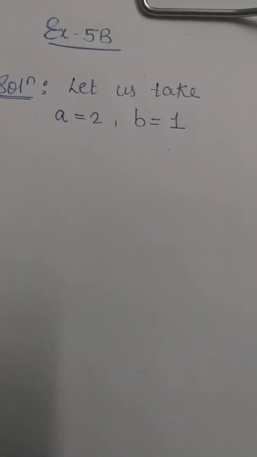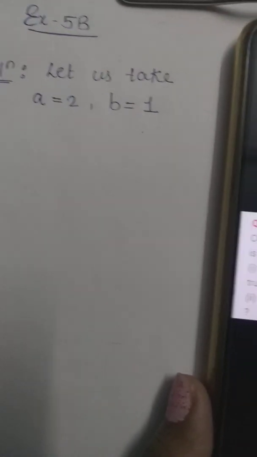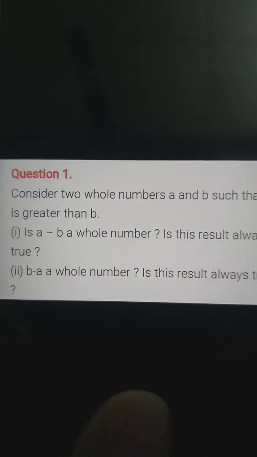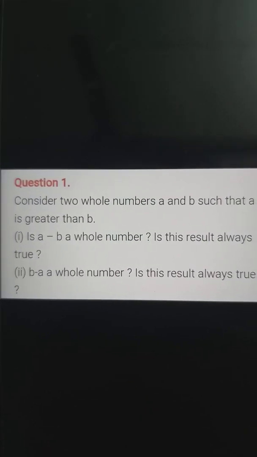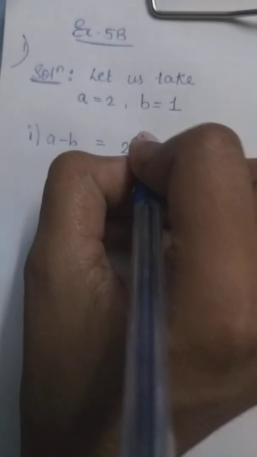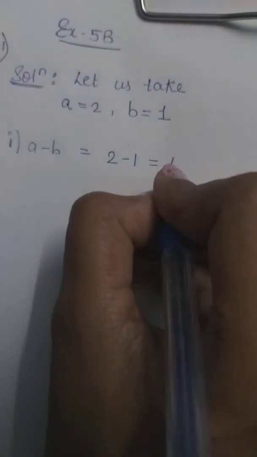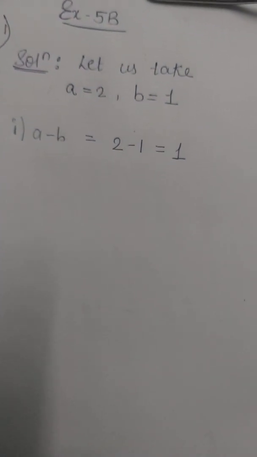That is the first condition: is a minus b a whole number, and is the result always true? So we'll use the first condition. First, a minus b, that is 2 minus 1. So 2 minus 1 is equal to 1. So is it a whole number?